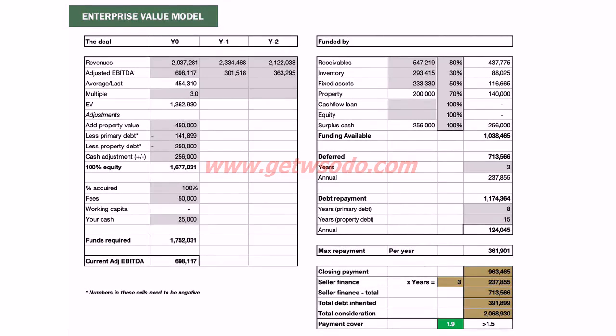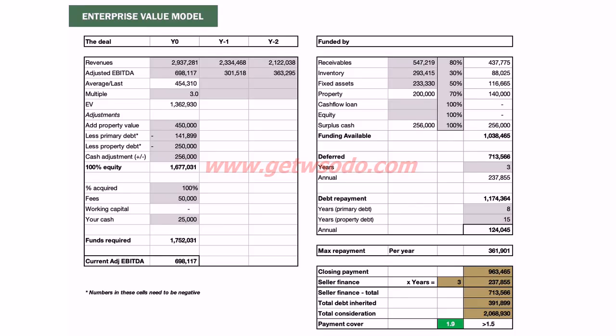And you'll notice in the EV model that we've populated the numbers from the financials that we looked at last time in lesson 2 of this module. So Y0, which is in column C, that represents the current year's numbers. And in this case, this deal was evaluated in 2019.